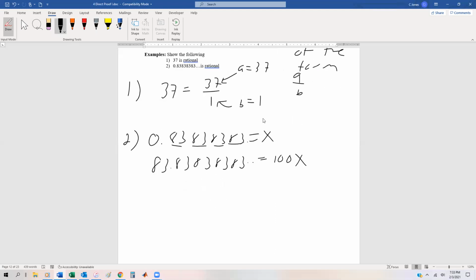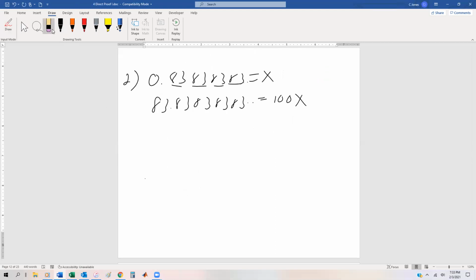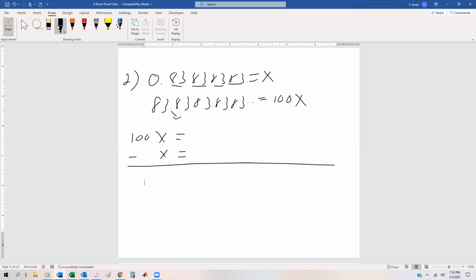So what does that mean to us? Well, we know that if we were to subtract these, we could go ahead and say that 100x minus x, and we know that 100x is just this 83.838383 and so on, and we know that x is 0.838383 and so on, and we're subtracting these.